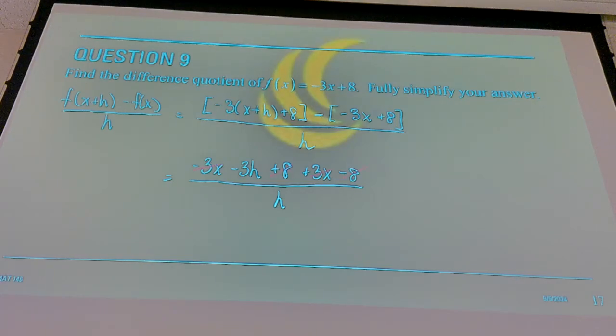Plus 8 minus 8 is 0. H over h is 1. You get -3.